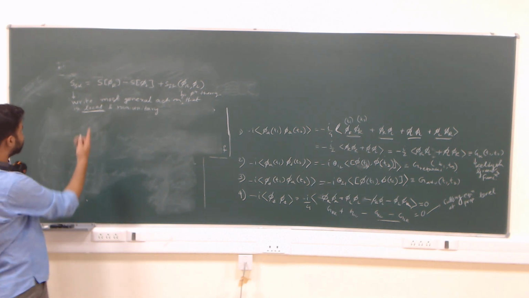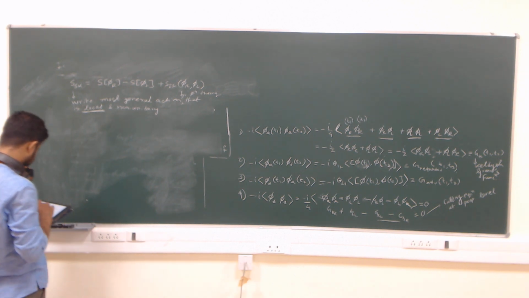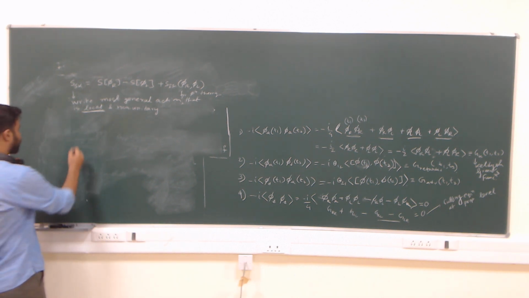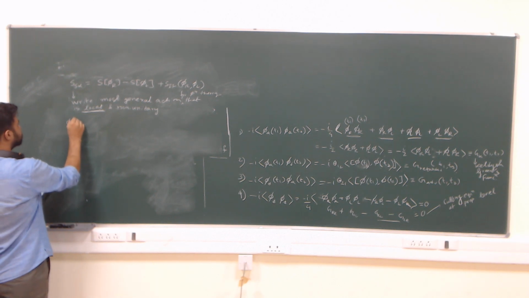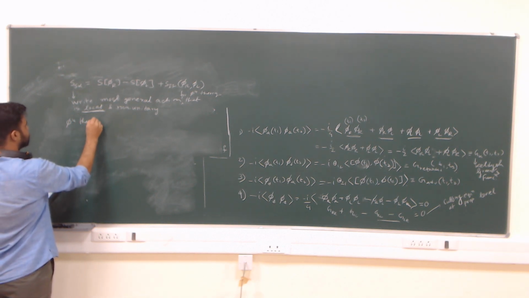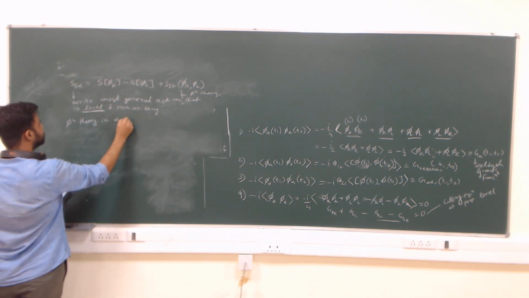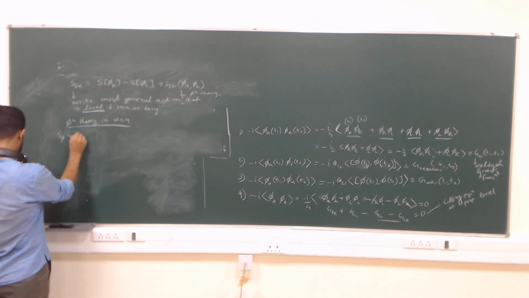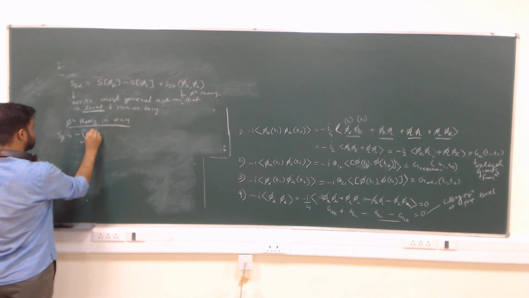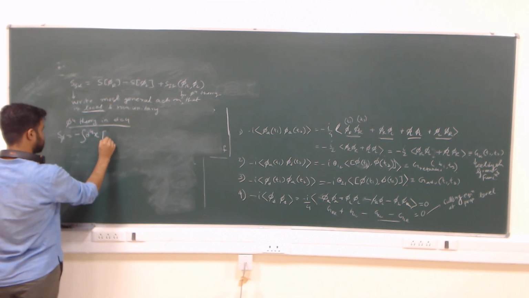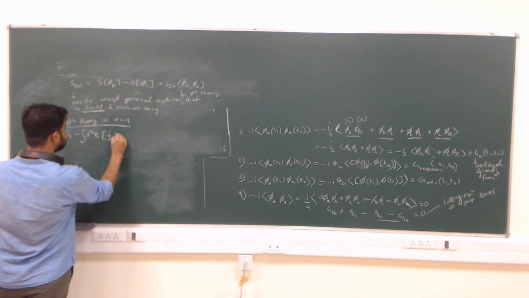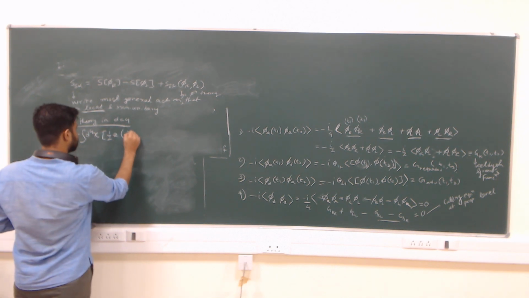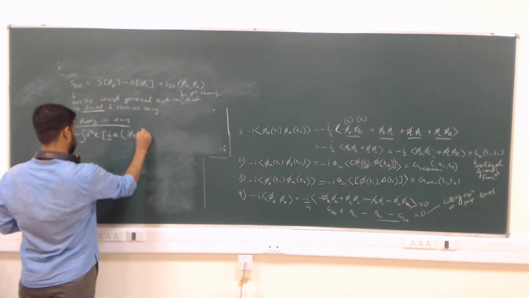So we'll start with something which is still local in the fields. So phi-4 theory, and Z is a coupling.